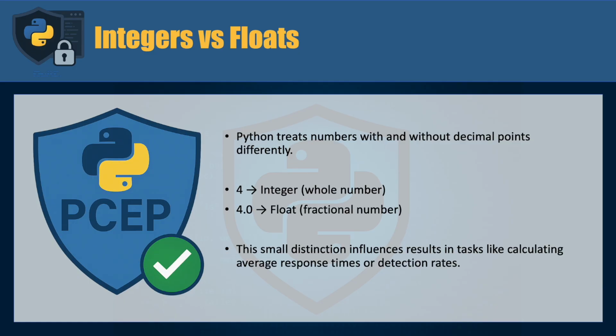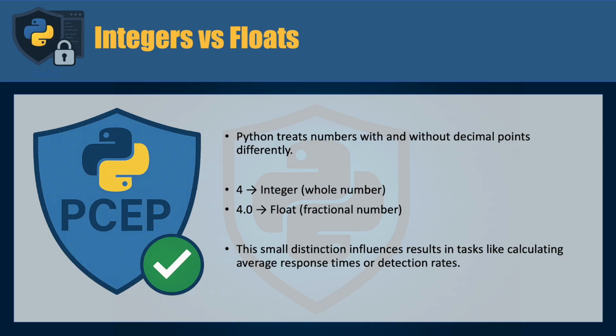Python treats numbers with and without decimal points differently. For example, if we just use 4, that's an integer, a whole number, and will be type int. If we use a decimal place, it will be a fractional number and will be type float.